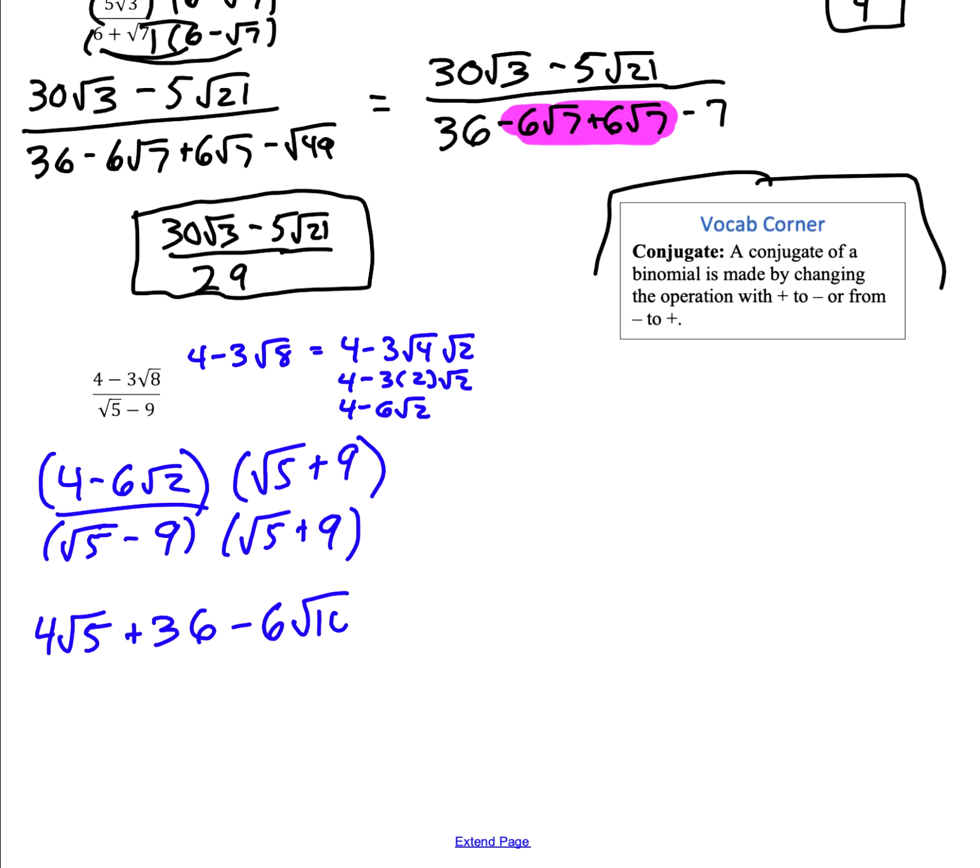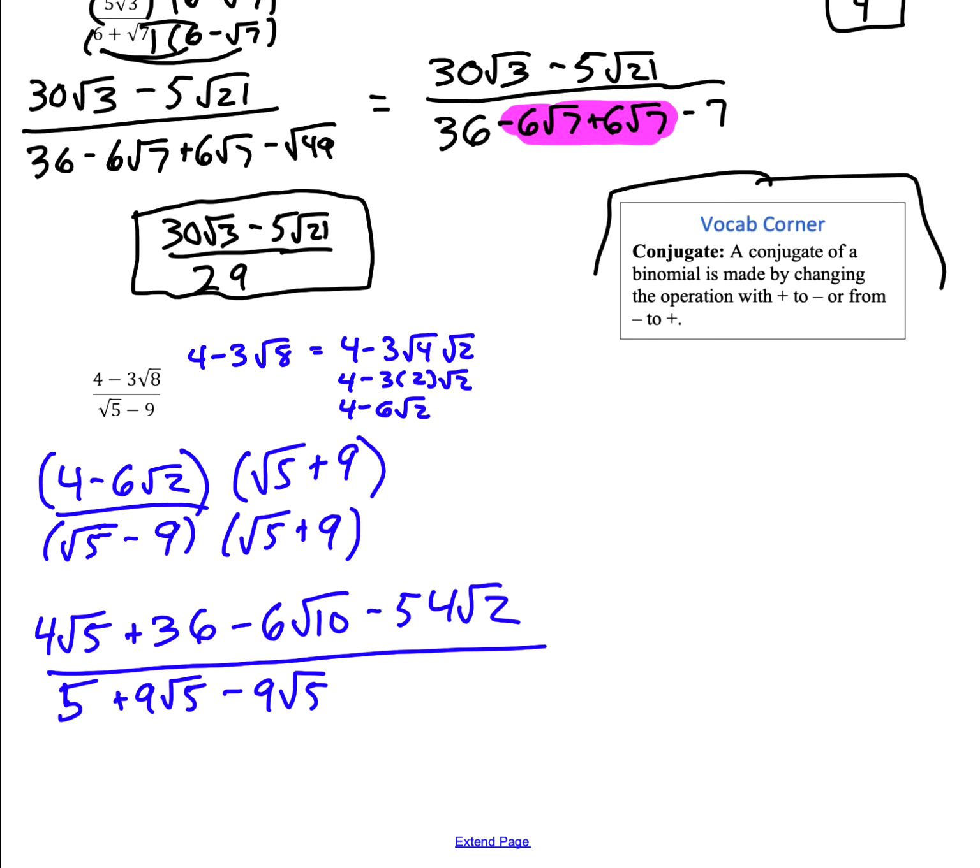And finally, negative 6 radical 2 times 9 would be minus 54 radical 2. All over, whew, radical 5 times radical 5 would be radical 25, or 5. Radical 5 times 9 is plus 9 radical 5. Negative 9 times radical 5 is minus 9 radical 5. And negative 9 times positive 9 is minus 81.